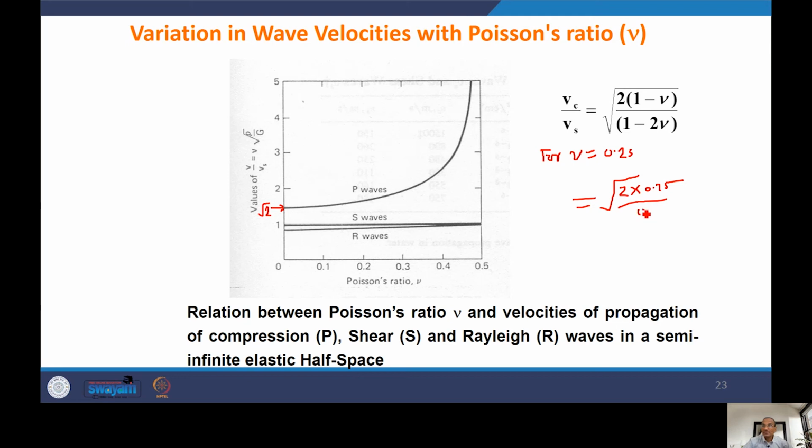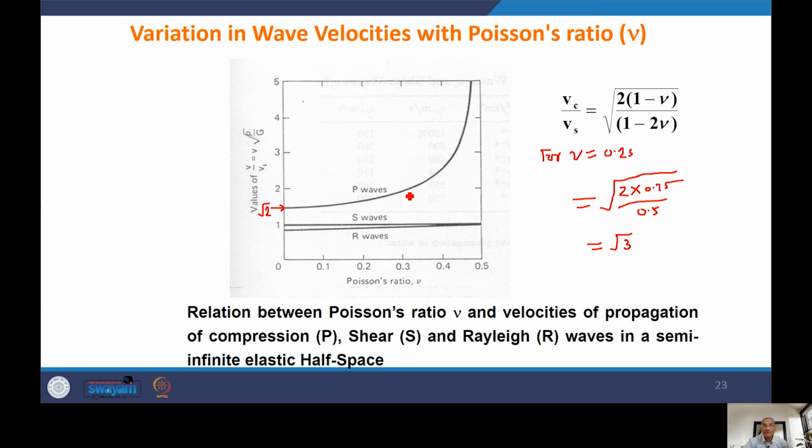So that means you have 1.5 divided by 0.5, going to 1 minus twice 0.25. So it will be root 3. So at 0.25, it will be around 1.73. So you could see here it's still less than 2.